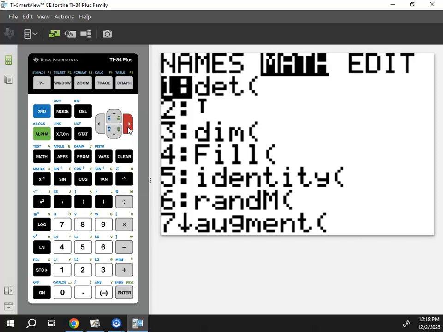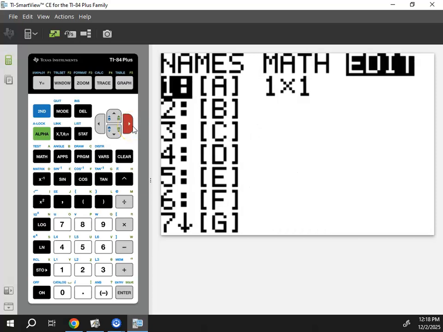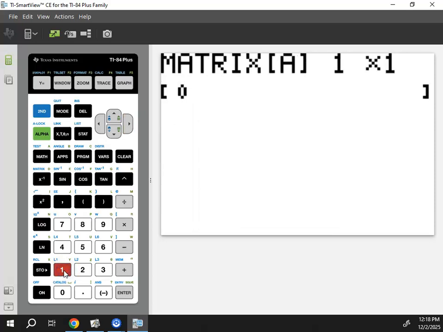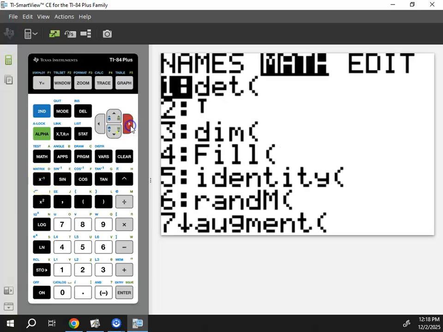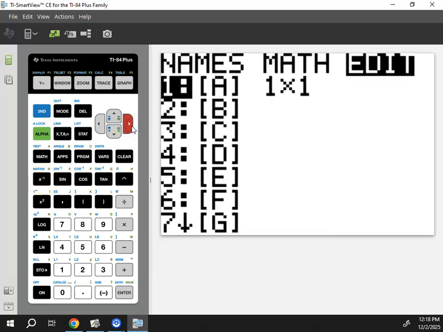Yeah, you were in math. So it has to be on edit up there. Then choose 1 for A or hit enter. So second matrix, you arrow over to the right to where it says edit at the top. Then you choose 1 for A.